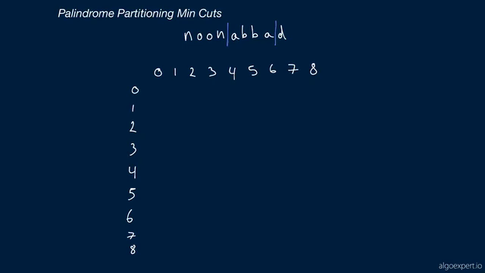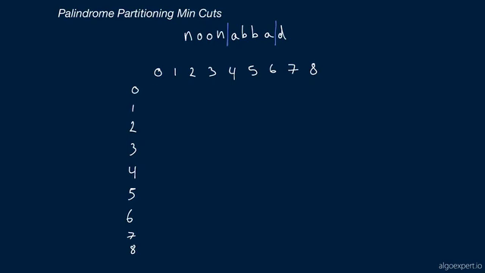Okay, and to do so, we're going to use a 2D array, which I've kind of constructed here. And in this 2D array, we're going to store the palindromicity of every substring in our input string. Okay, so the way we're going to do that is that at any given index, let's say this point here, the row will represent the starting index of our substring, and the column will represent the ending index.